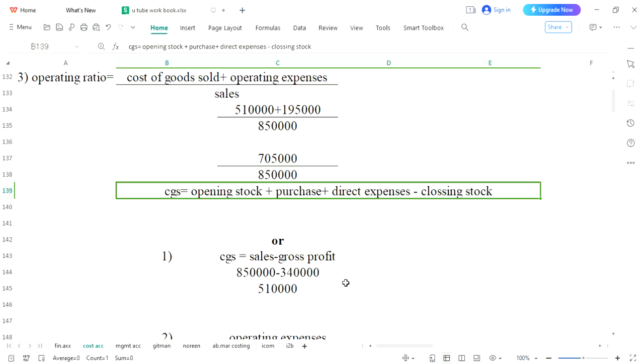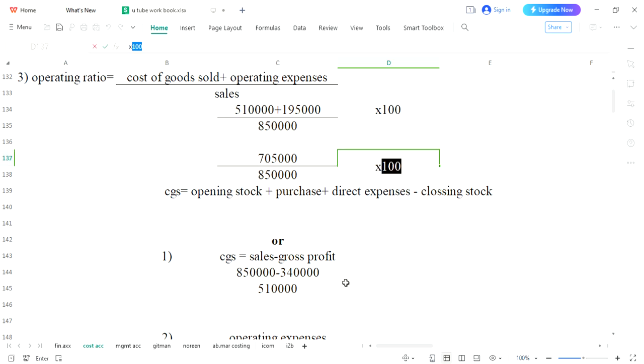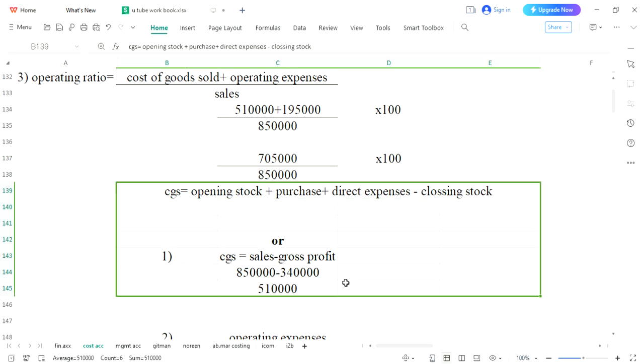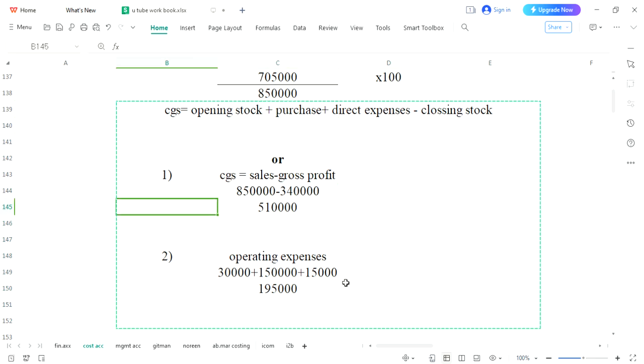Now it's okay. We will repeat it once again and then you can multiply it with 100 as well. So similarly you will be multiplying over here. So let's bring these values a little more down to create our space.